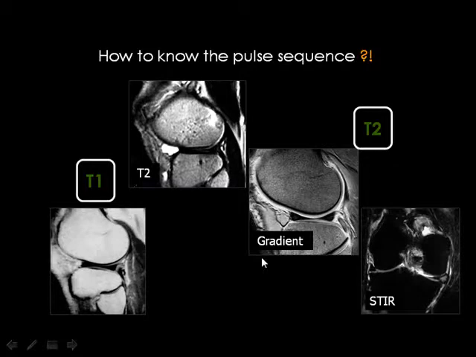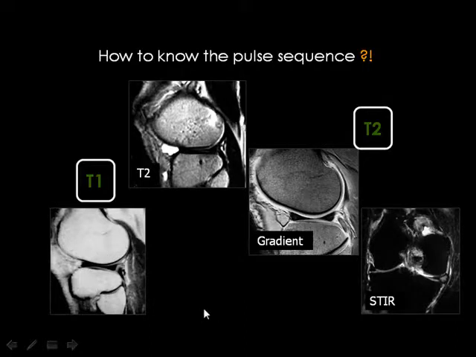The second one is known as gradient image. The third one is known as a STIR image. In a STIR image, the fat is very dark. In the gradient image, the fat is a little bit brighter. Then in the T2 weighted image, the fat is relatively dark compared to the T1 weighted image.